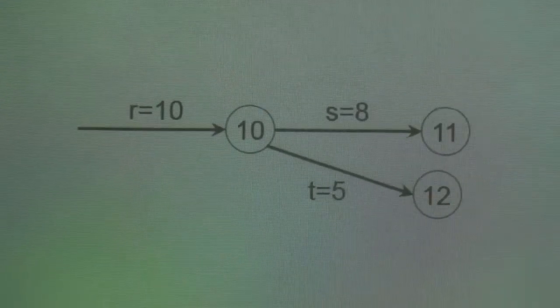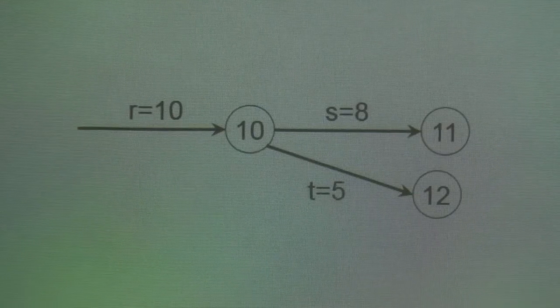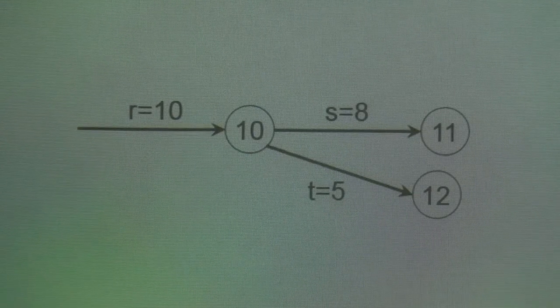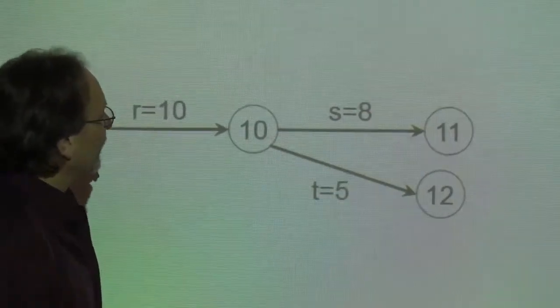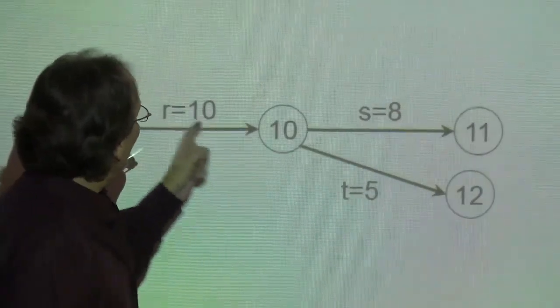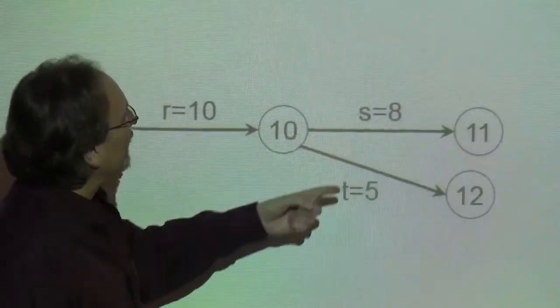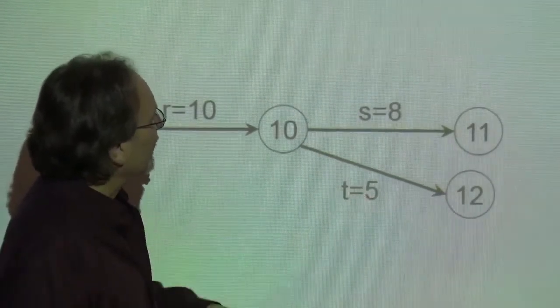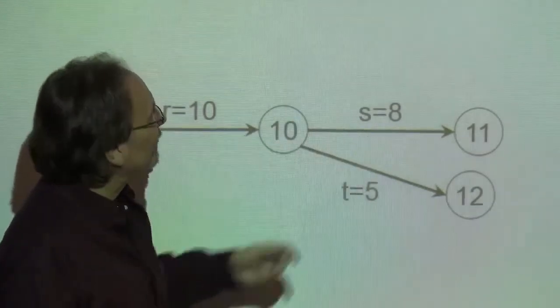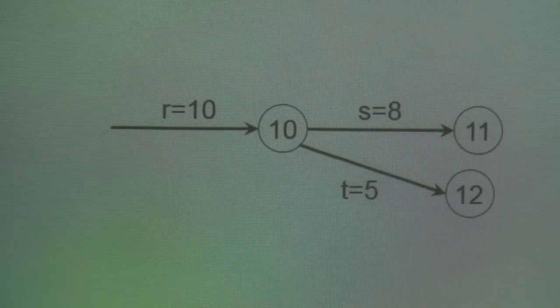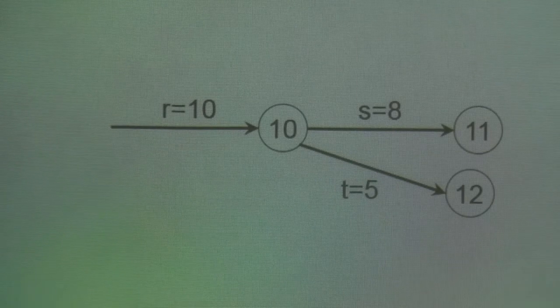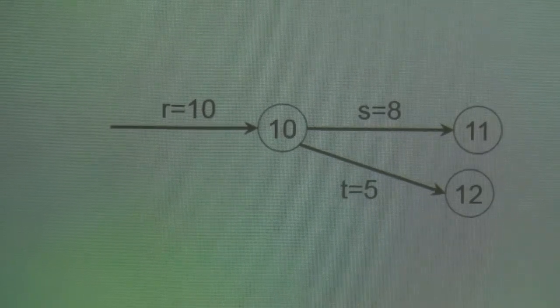Here, S and T both have the same predecessor R, and they branch off into their own nodes. R requires 10 time units, S requires 8, and T requires 5. However, S and T can be done simultaneously as long as R is completed. And so those are simultaneous tasks.